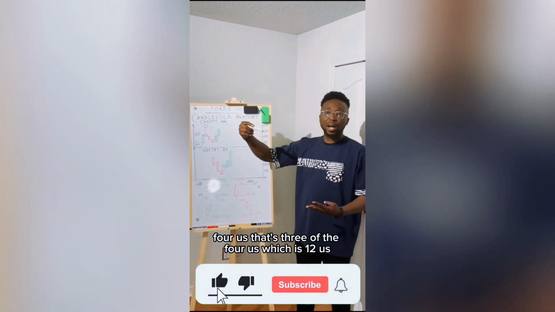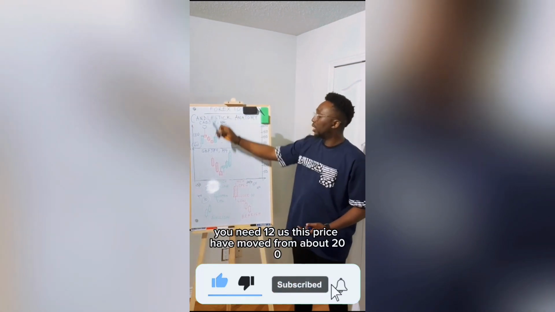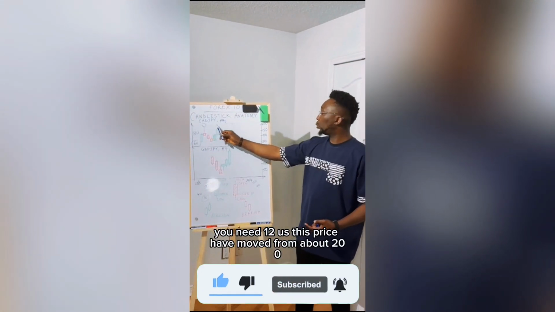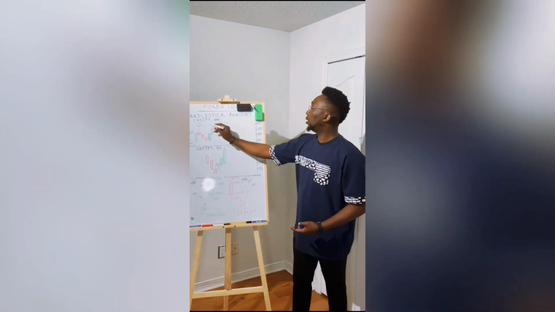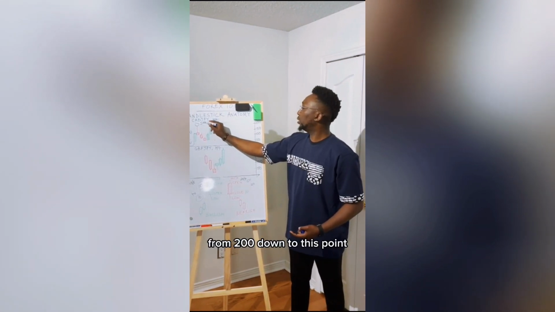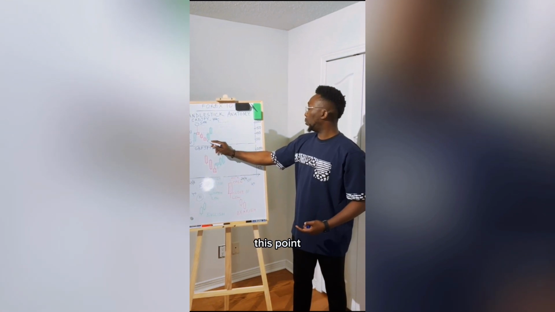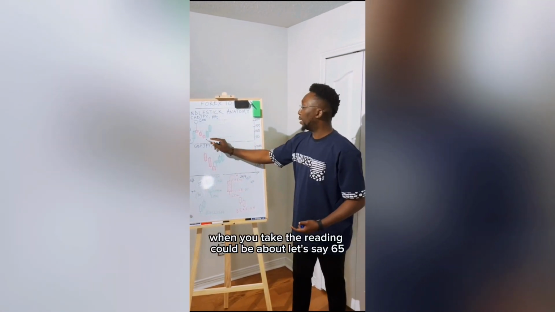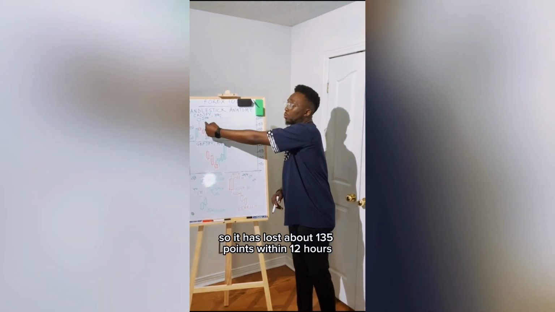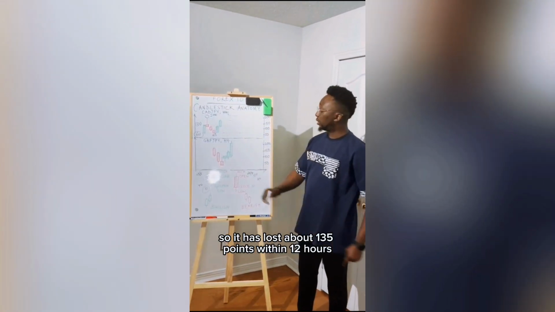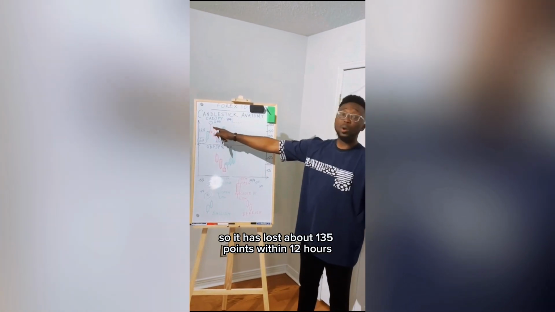That's 3 of the 4 hours, which is 12 hours. Within 12 hours, this price has moved from about 200 down to this point. This point, when you take the reading, could be about, let's say, 65. So it has lost about 135 points within 12 hours.